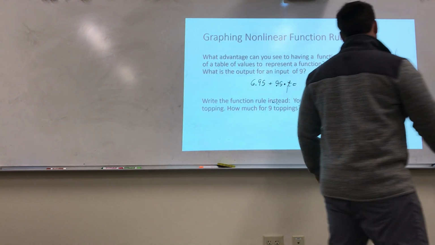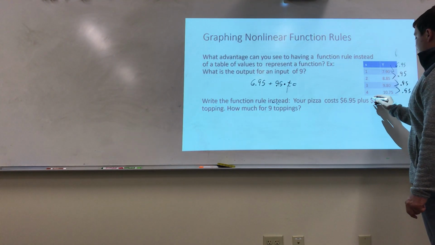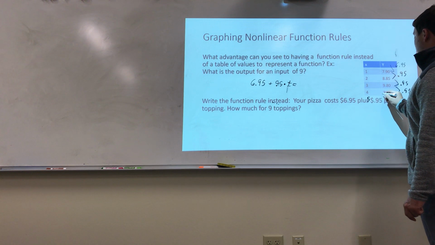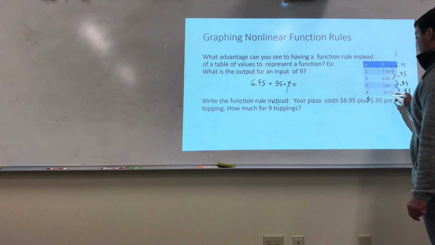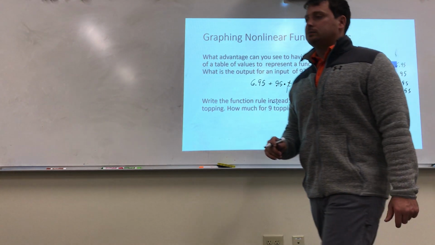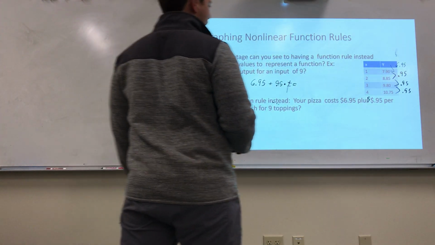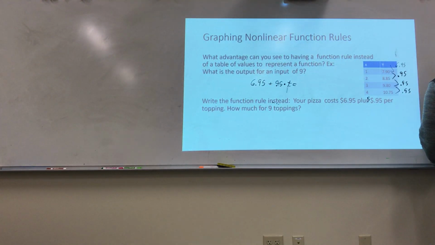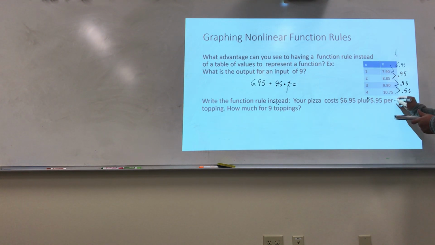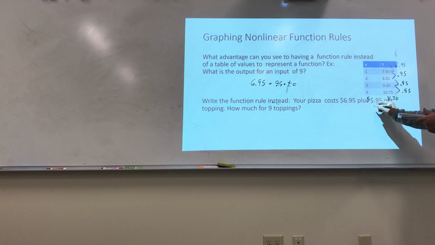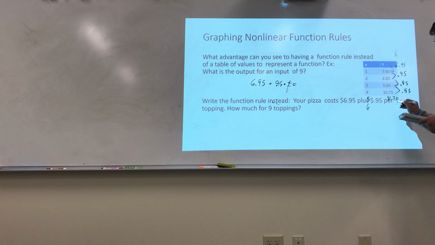If I did this, and I'm going to write over this, I would have to go 5 and then have to add 95 here. Which is 1176, so then I'd have to add 95 again.